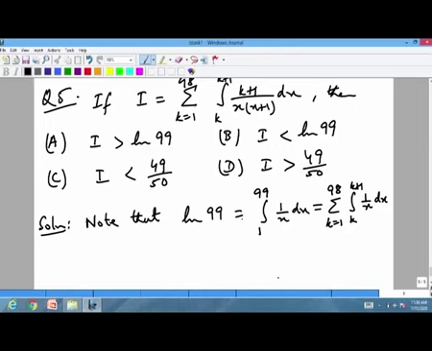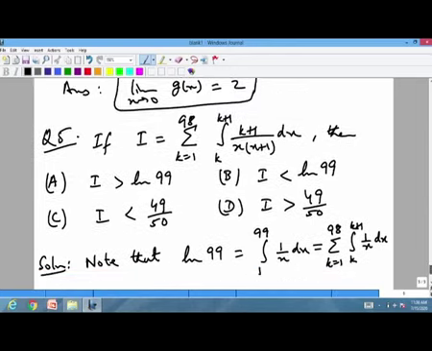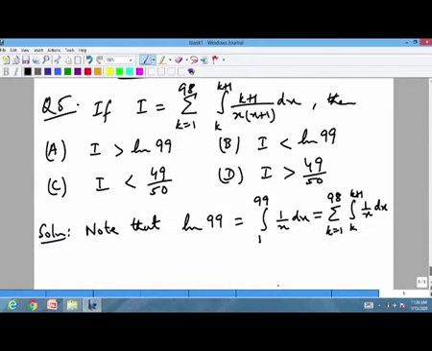So, this sum will be equal to integral from 1 to 99. So, now we have written this log 99 in terms of summation for k equal to 1 to 98 of some integral. So, we have to just compare the given integral with this integral to see which one is bigger.